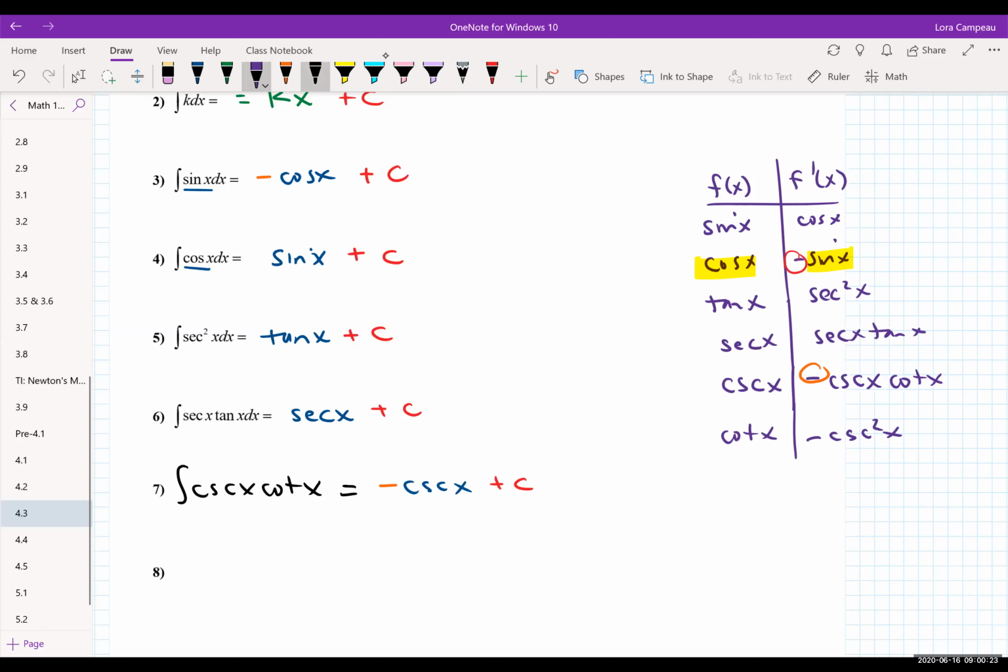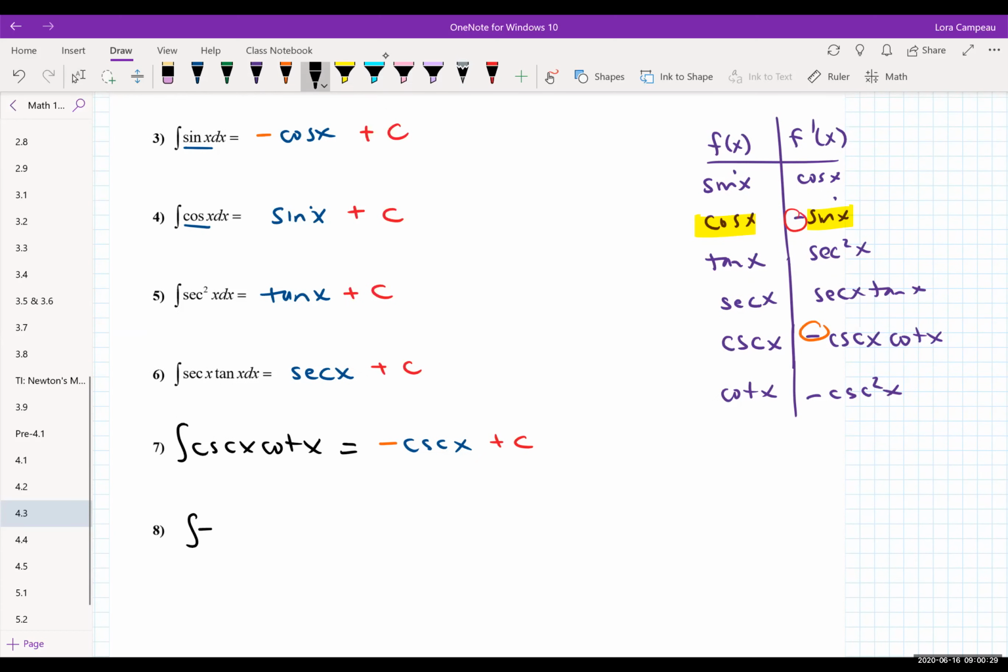So if you saw negative cosecant square x, you don't have to replace the sign because it's already the derivative of cotangent. So you just have cotangent x again plus c.